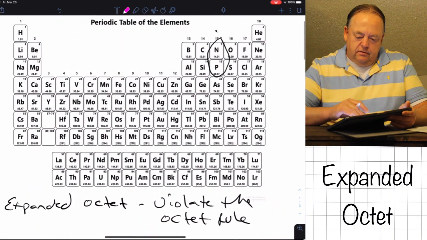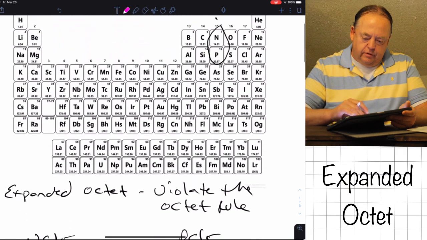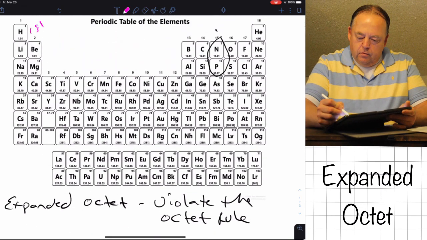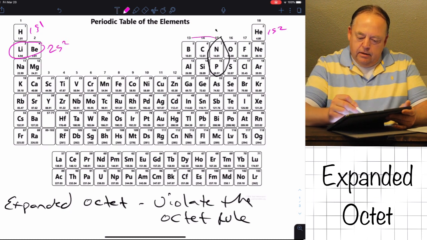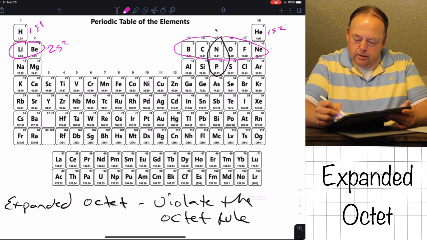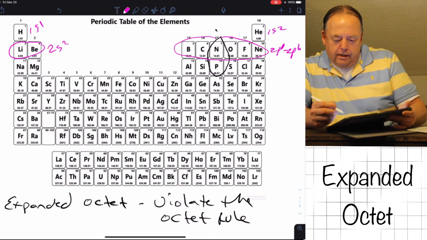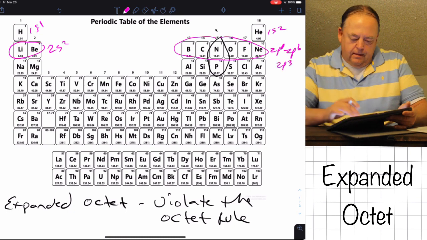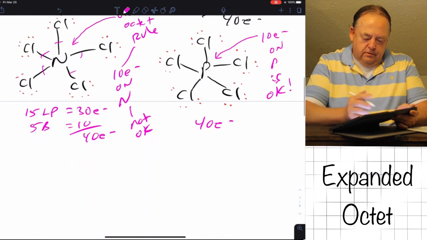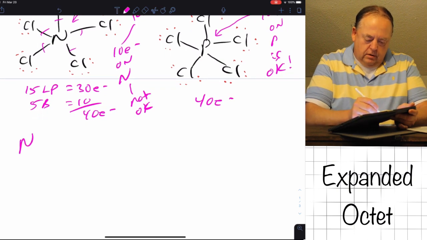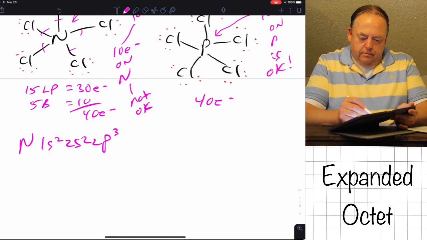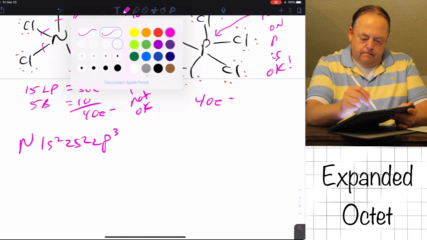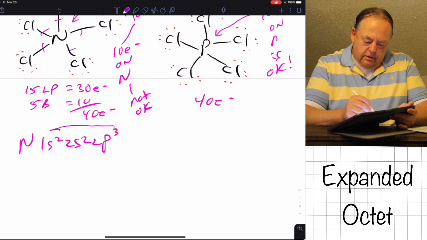And the difference is, if you remember, this is 1s1, 1s2, so this would be 2s1, 2s2, and then through here would be 2p1 through 2p6, so nitrogen would be 2p3. So the electron configuration for nitrogen is 1s2, 2s2, 2p3. And this is its valence shell.